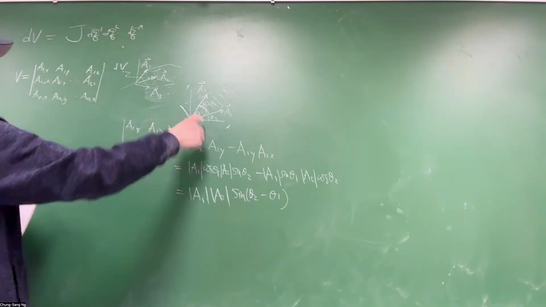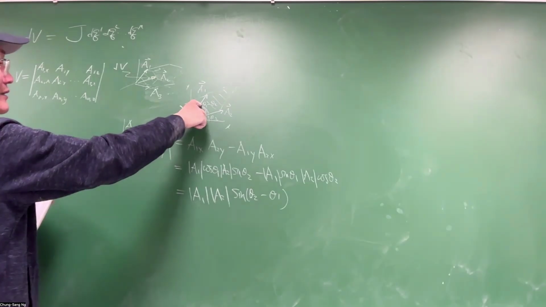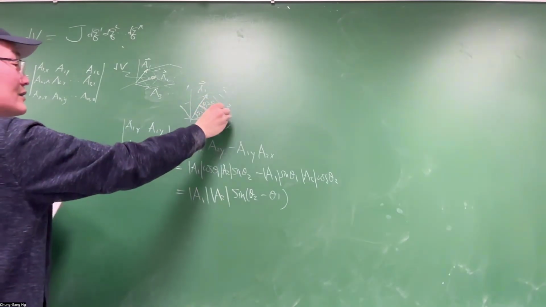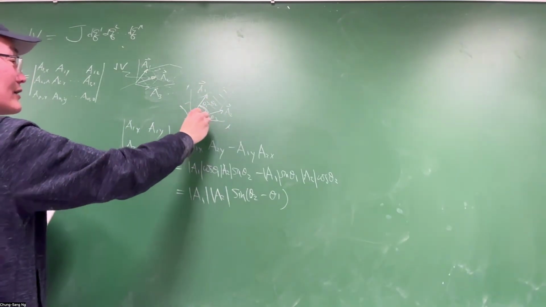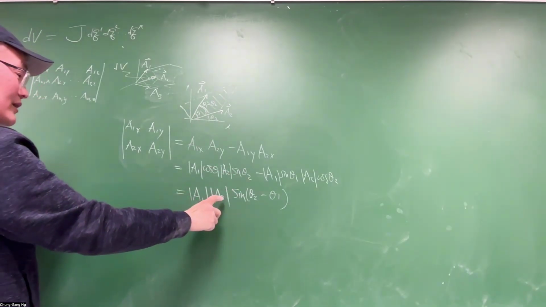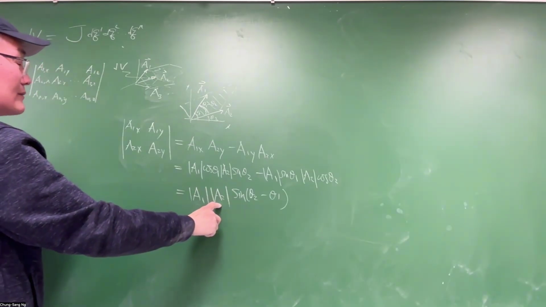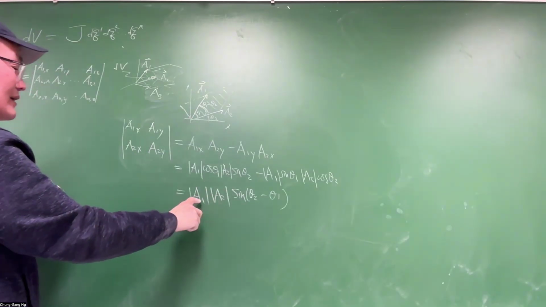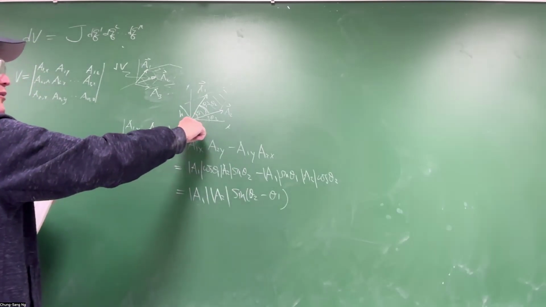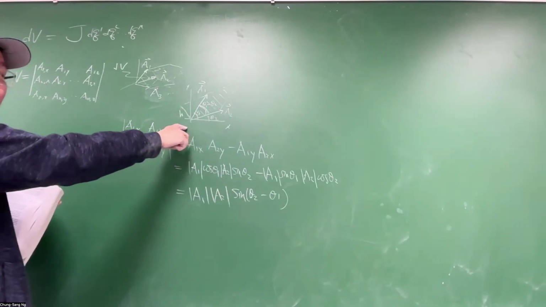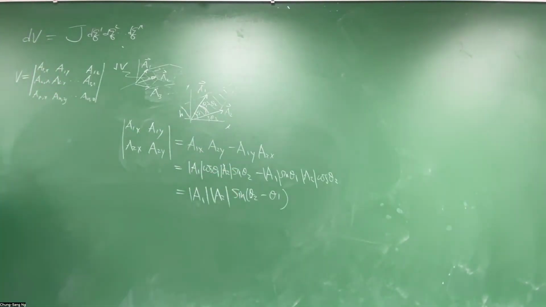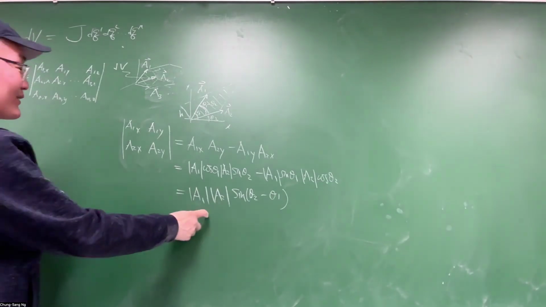So basically it's the magnitude of A sub 1 times A sub 2, or A sub 2 times A1 times sine, which is the height, right? Geometrically, the base times the height is how you calculate the area of a parallelogram. So this is right.